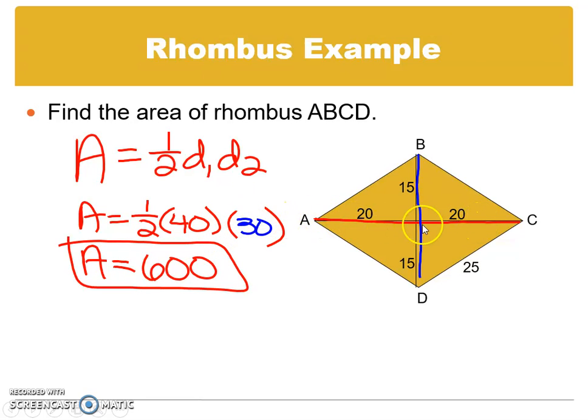So write 40. That is your diagonal 1, this red line. And then diagonal 2 is from B to D, which is this blue line, 15 plus 15, 30. So you do half times 40 times 30, which is 600. Because 40 times 30 is 1200, divided by 2 is 600.